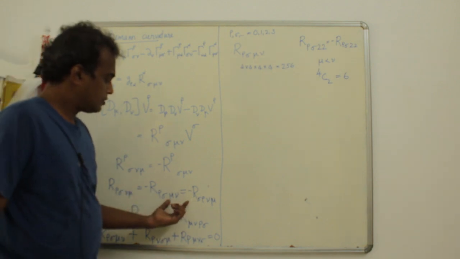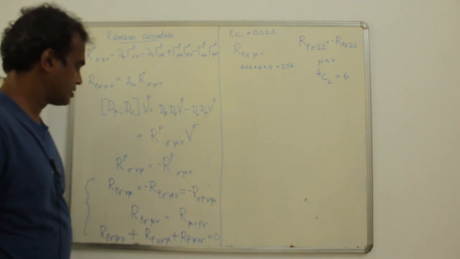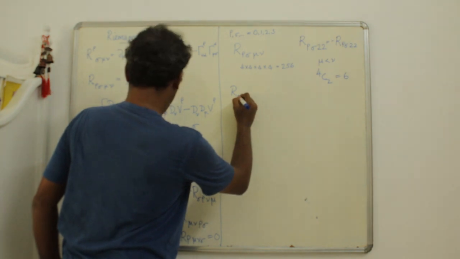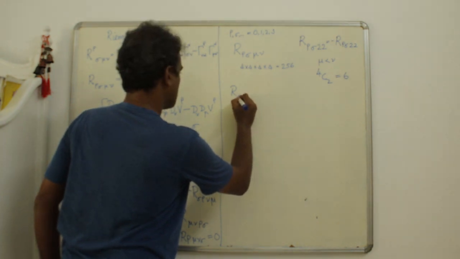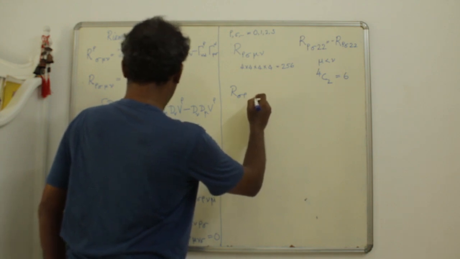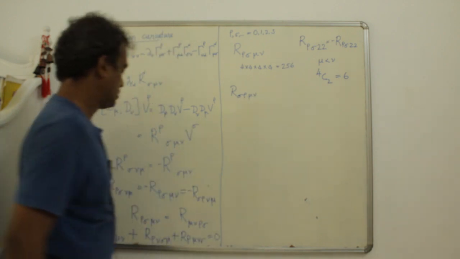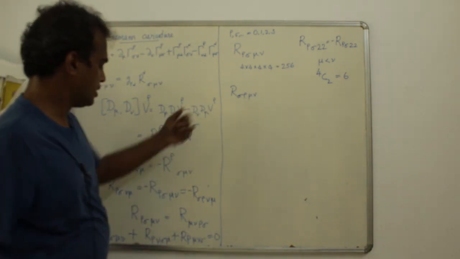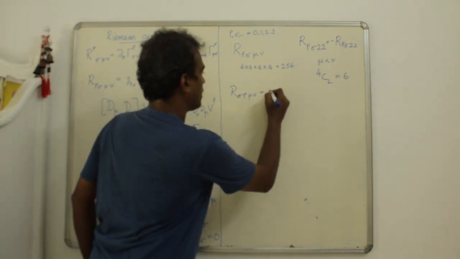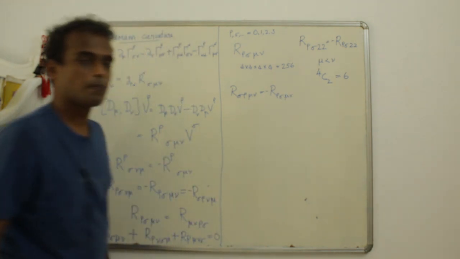And let's move to the second equality. The second equality tells us that if I interchange the first two indices alone, then again I get the negative.